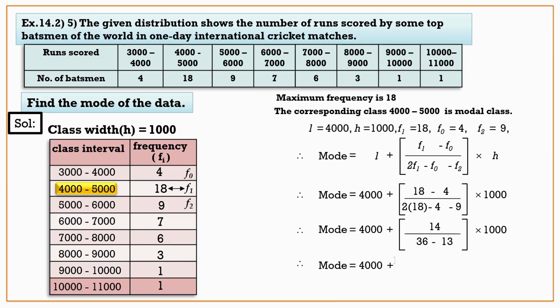Okay, now 4000 plus 14,000 by 23. So 14,000 divided by 23 is approximately 608.7. So 4000 plus 608.7 will become 4608.7. So that is the mode value over here. So here mode will be in terms of runs because runs is given. So that will be the mode over here.